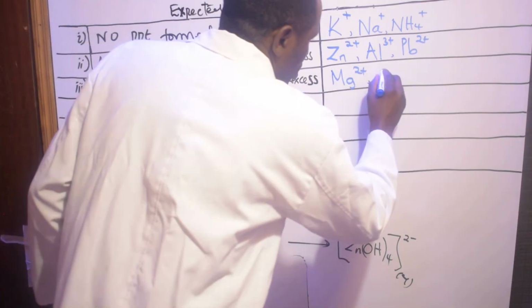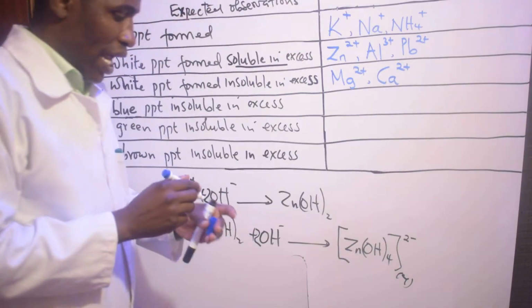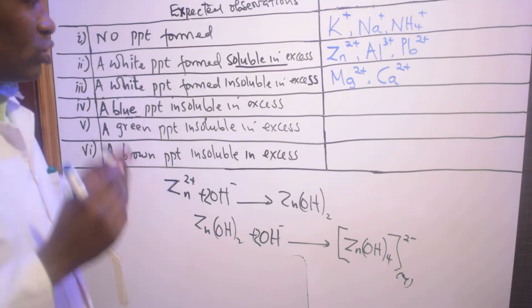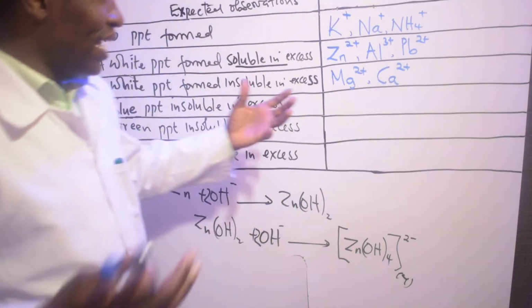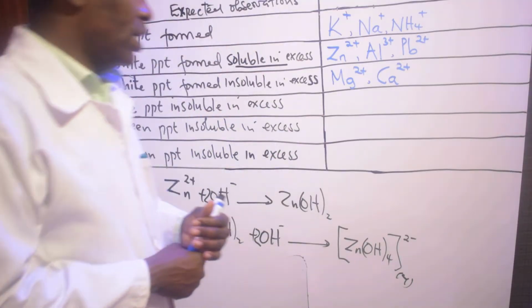Now, I can also mention the calcium ions. So these two are the likely ions when this happens.